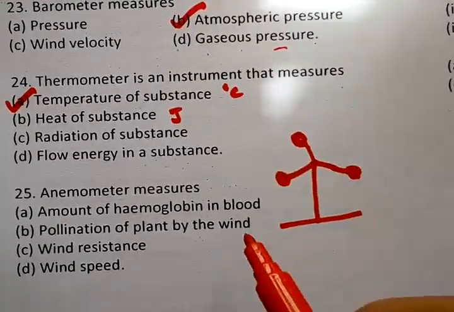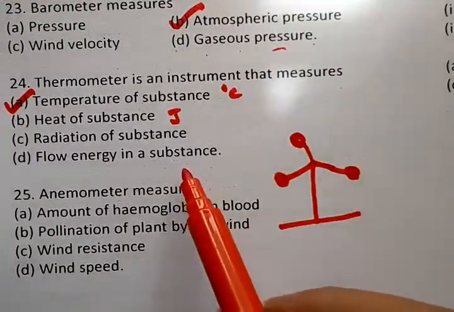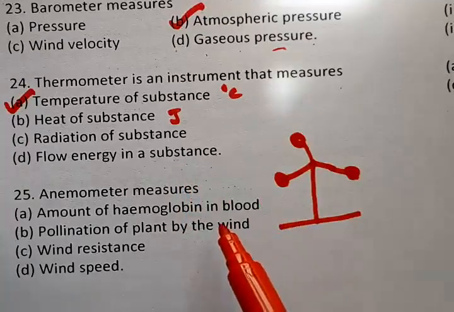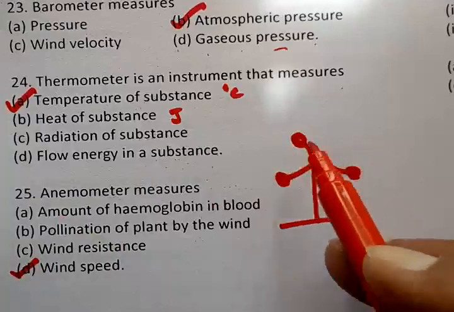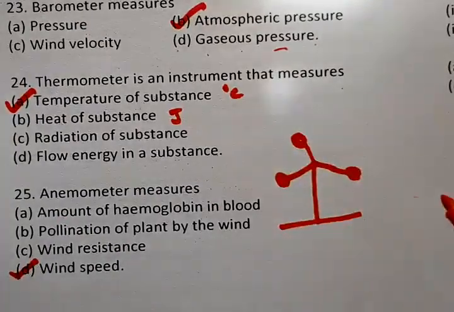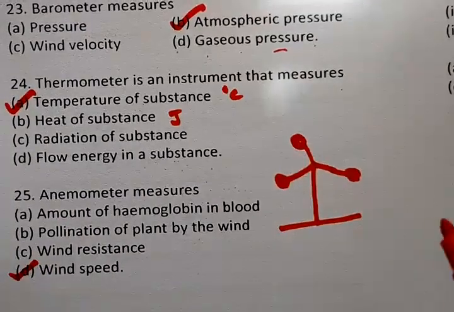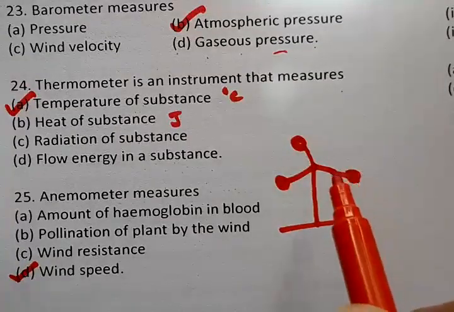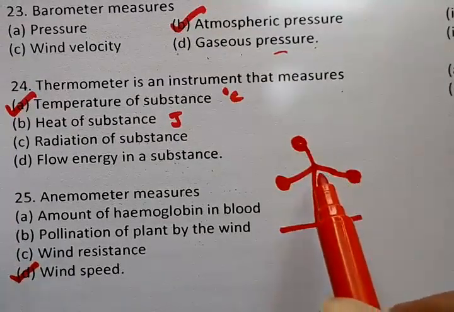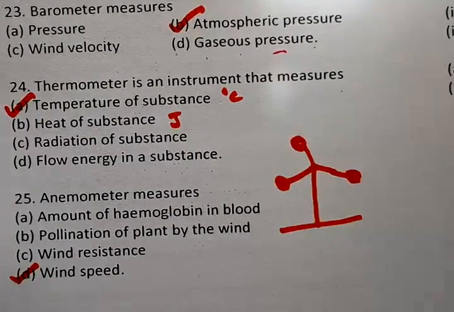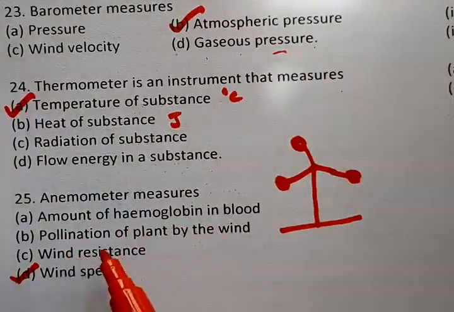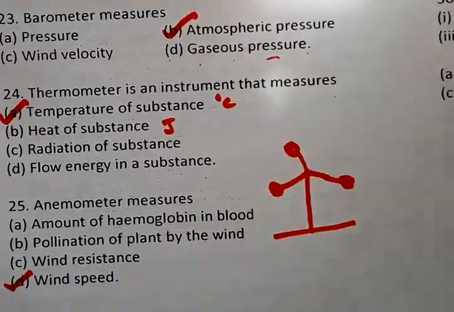So anemometer measures only wind speed because it will keep rotating. That rotation, the number of revolutions, is proportional to the speed of the wind. Okay, that is D. Not the amount of hemoglobin, pollution plant, no, wind resistance, no.